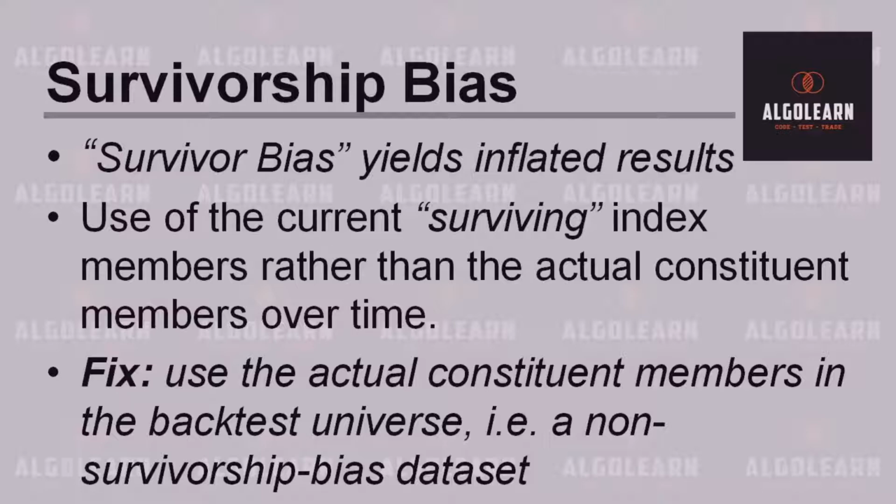So ideally, if you were to test your algorithm back in 2008, not only would you test it with the 270 some odd survivors, but you'd also put in there the 230 stocks that weren't survivors, but they were survivors at the time, and they were part of the index at the time. And so if you were to be live trading your algorithm back then, they would be part of that live trading environment. And so it's very important for us to understand that.